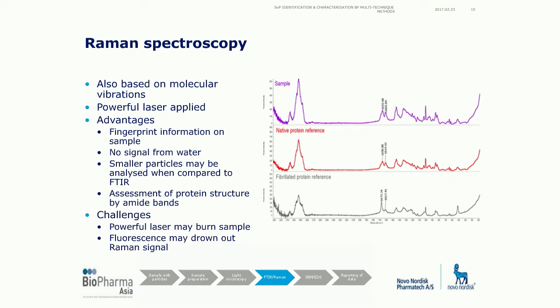Furthermore, we also see that the two amide bands that I've marked here in the spectra, the amide bands of the unknown sample, are located closely to the native protein bands that we have in the middle spectra. This means that in this case we would identify this particle as a native protein particle.